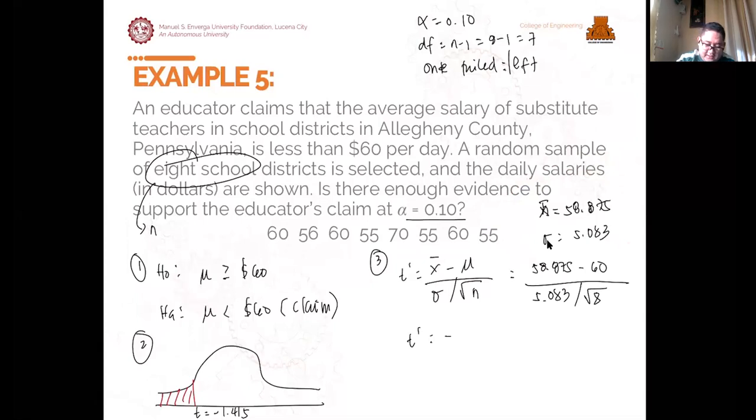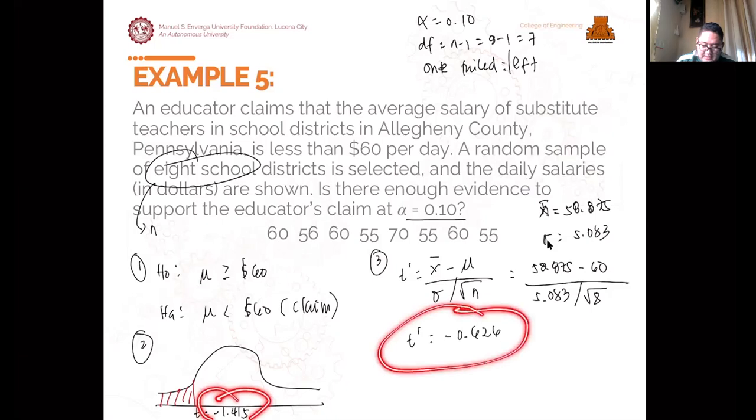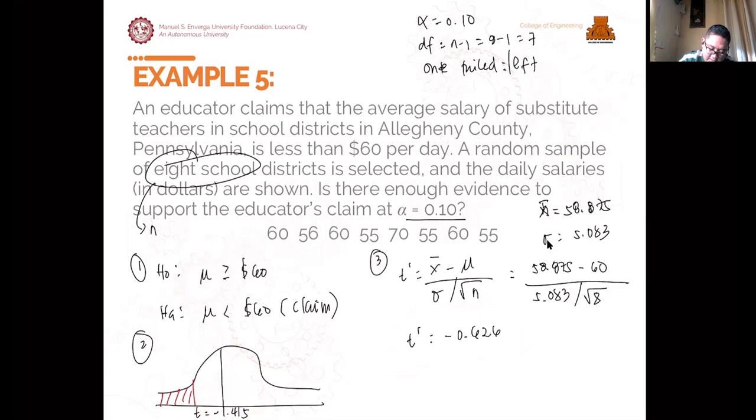We have negative 0.626. And comparing that value dito, negative 0.626 is closer dito sa 0 natin. So, ibig sabihin, somewhere dito yan. Ito yung T prime natin. So, conclusion natin, T prime is greater than T, therefore, do not reject yung null hypothesis natin.